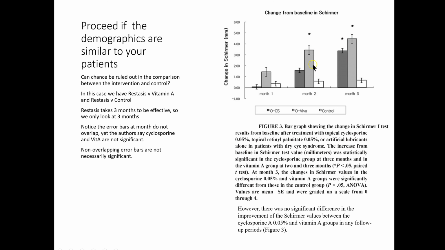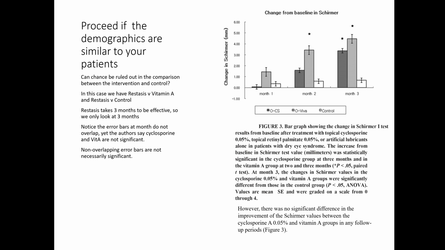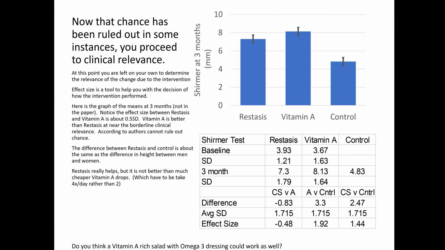For example, here they're saying the vitamin A was significantly different than the control. They don't say the vitamin A or the Restasis is better than control at 2 months, but Restasis takes 3 months to work anyway, so at 3 months it is better than control. I think personally they were negligent in not comparing and talking a little bit more about the comparison of the two groups. But we ruled out chance.